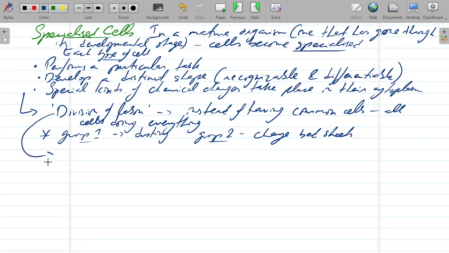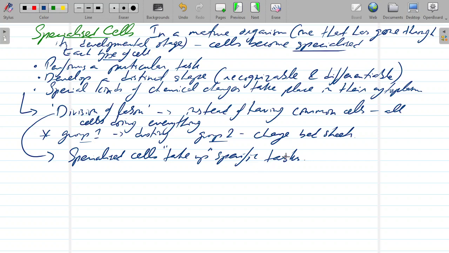And so what you're having over here is the specialization. The specialized cells take up specific tasks. It's not like they choose to do it, they're all part of the system, and so that makes it far more efficient.